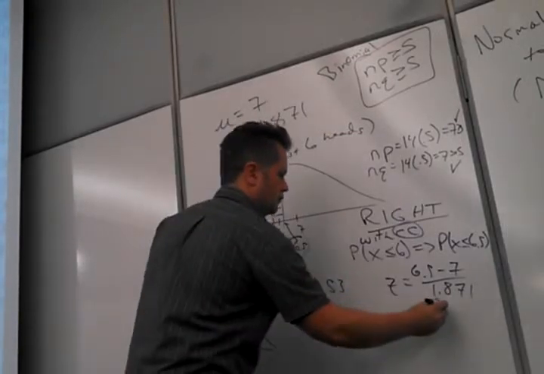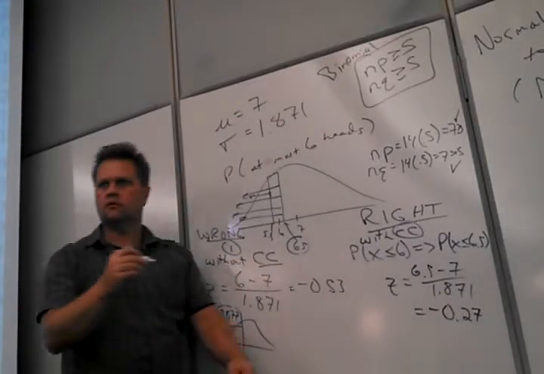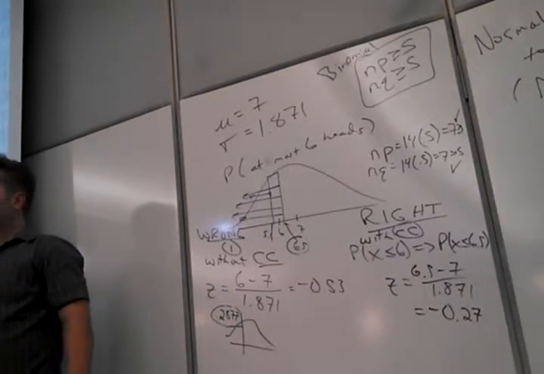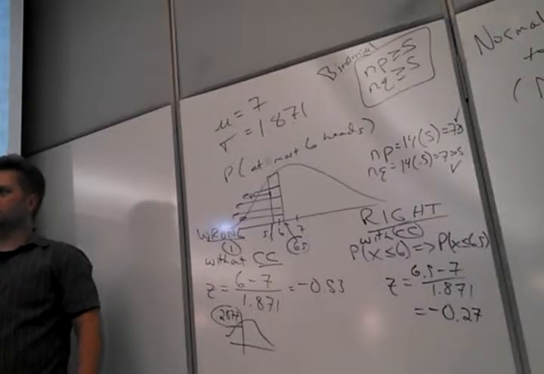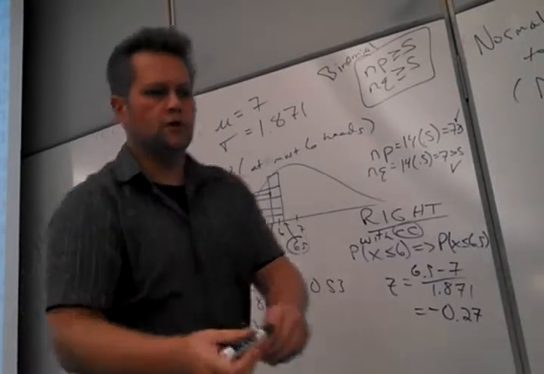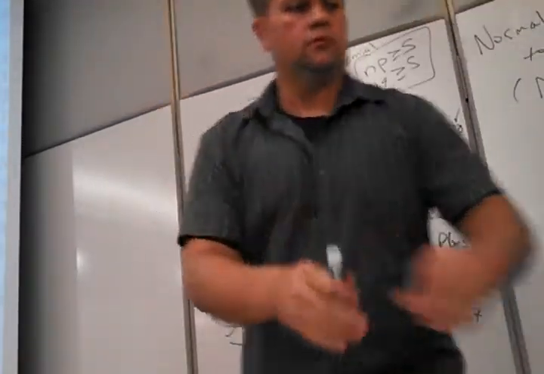Negative 0.27. Verification, yes. Okay, good. Rounding correctly? Good. So just always round when you get those z-scores. So when you look that up in the chart, what do you get?